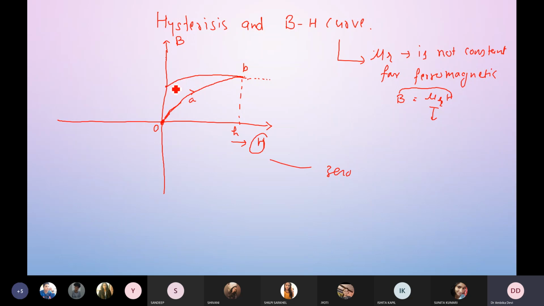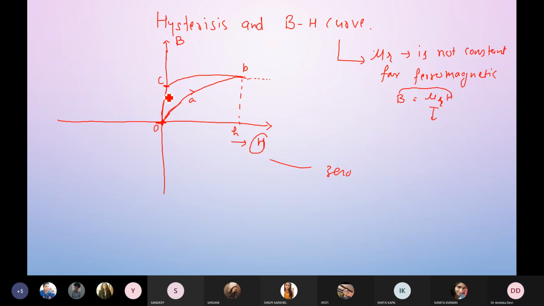Okay, so what does it mean? See here, at this point you can see that the magnetic field is zero. At this point the value of H is zero, but still there is some magnetization, still there is some magnetic flux density within the sample. So it means that even at H equal to 0, the magnetic flux has this value, which is, let's say, OC.